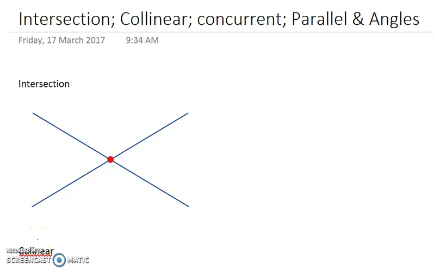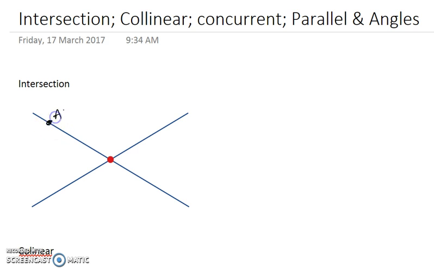This video is quickly going to go through the ideas of intersection, collinear, concurrent, parallel, and angles. Now, if you have two lines, the place where they intersect is called the intersection or the point of intersection. In general, you'll see lines labeled.